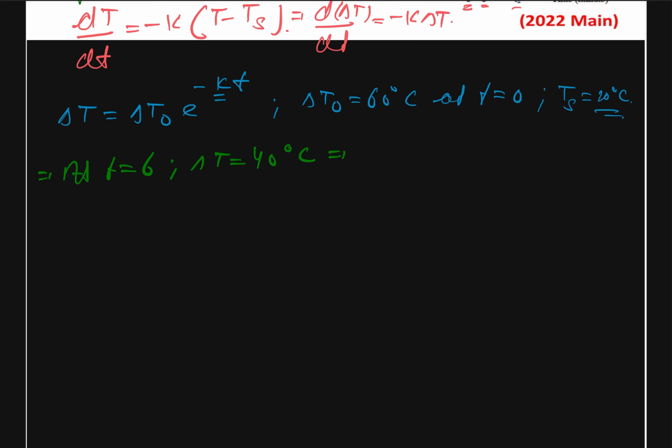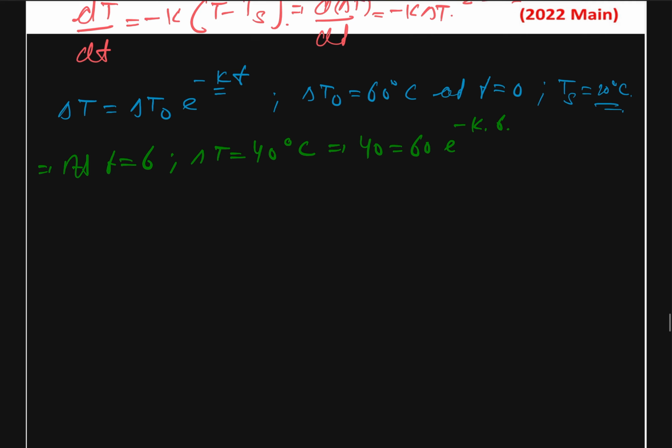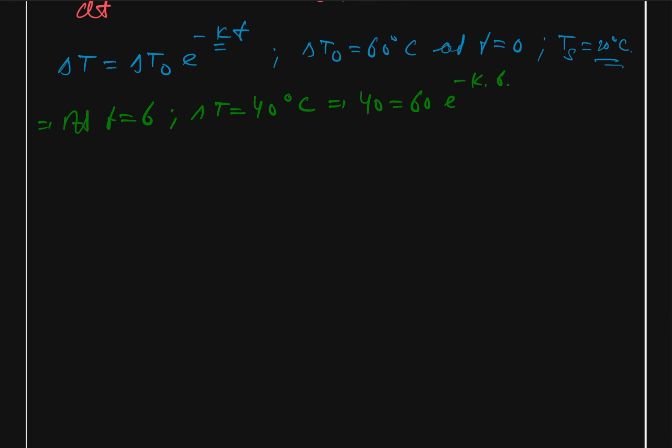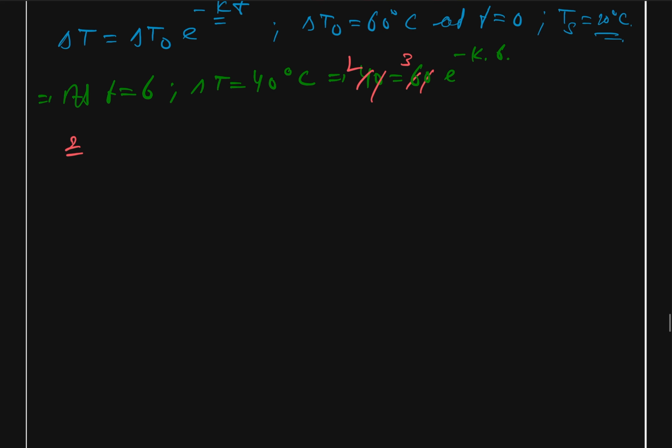So we get 40 is equal to delta T naught, which is 60, times e raised to power minus k times 6. So this 0 cancels by 0, and this comes as 2 by 3. So we get 2 by 3 is equal to e raised to power minus 6k.